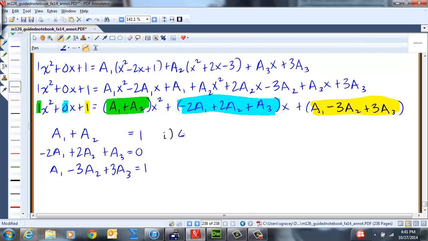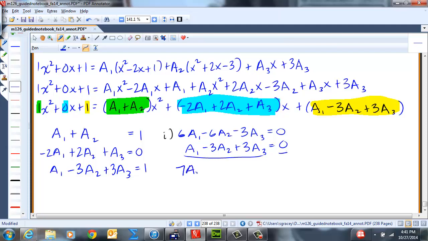So that'll give us negative 6A1 plus 6A2 plus 3A3 equals 0. And then we'll have A1 minus 3A2 plus 3A3 equals 1. Oh, and this one was supposed to be equal to 1. Those will equal to 1.